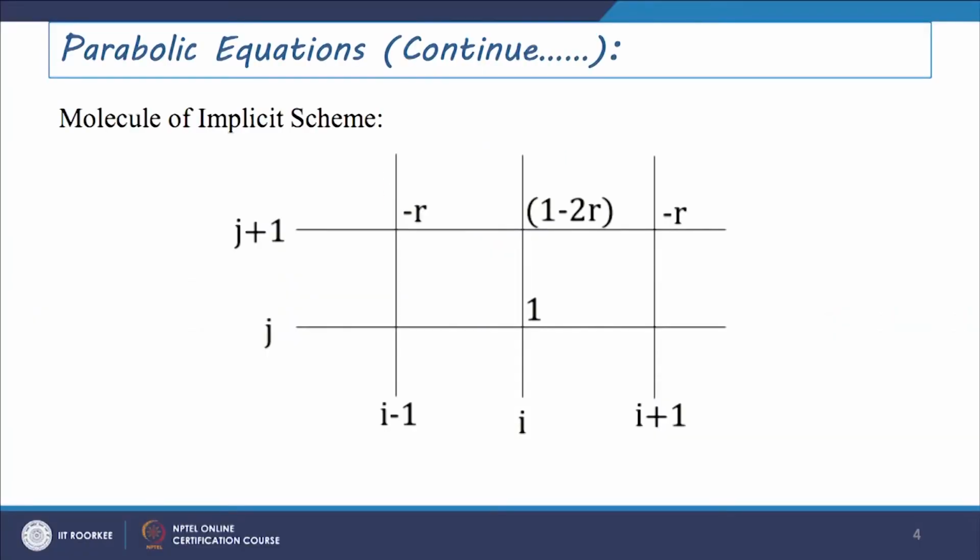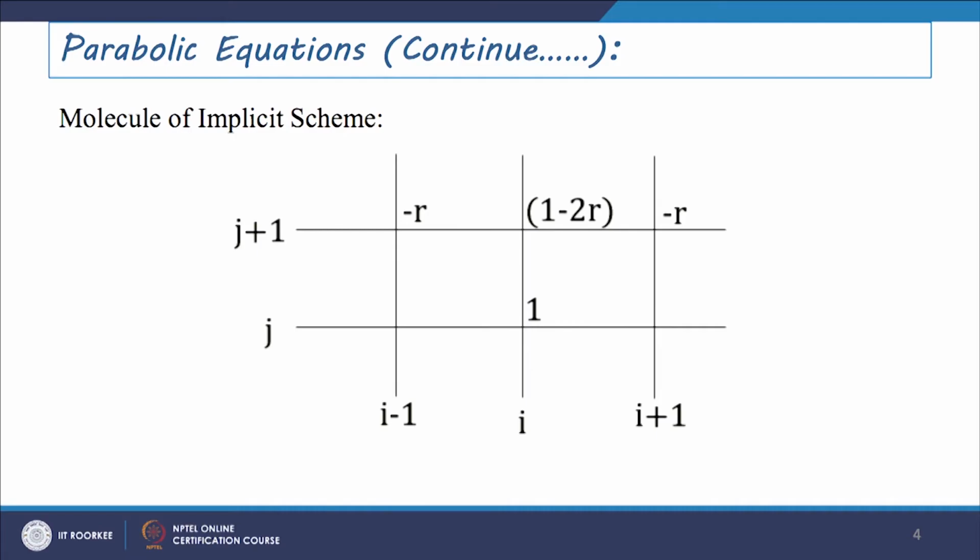If you see this cell we are formulating at the i-th and i plus 1th level, and the j-th and j plus 1th level, the first coefficient is minus r for u i minus 1, j plus 1, and then 1 plus 2r at the j plus 1th level is the coefficient of u i, j plus 1.